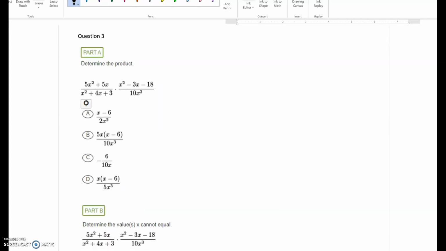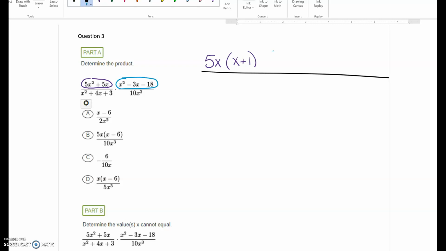Determine the product. We need to factor, cancel, cancel, cancel, cancel. So if we factor this piece, it's just two terms. They both have 5x. So 5x in common, x plus 1. Then this part. We are looking for two numbers that multiply to give us a -18 and add up to -3. 1 times 18, 2 times 9, 3 times 6, 3 and 6.